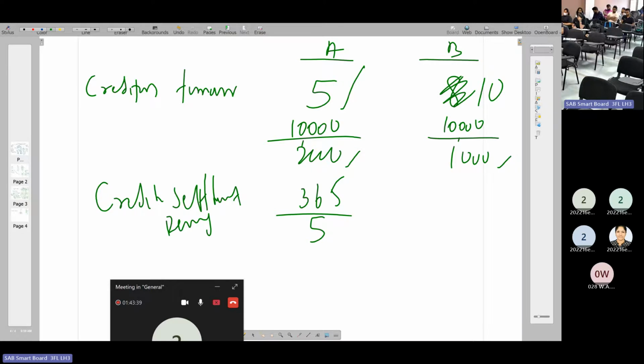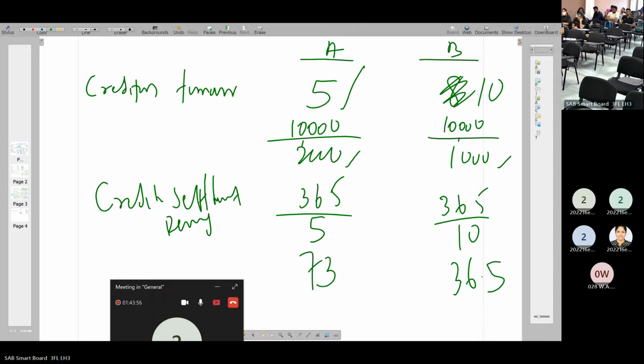With a ratio of 5, the period is 73 days. In company A we can enjoy a 73 days credit period. Let's say you purchase something today, you will be settling after 73 days. Is it good or bad? That is good. You can enjoy that.